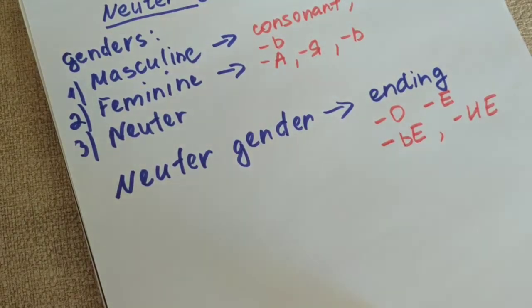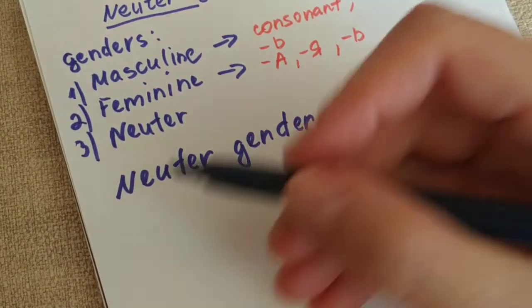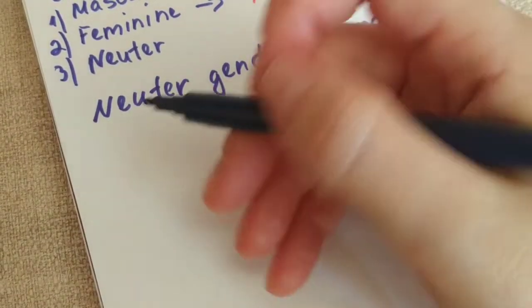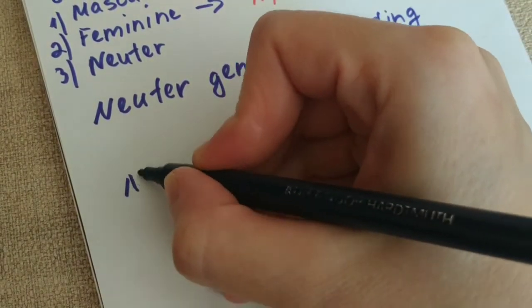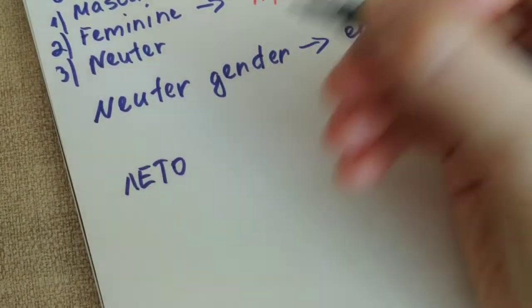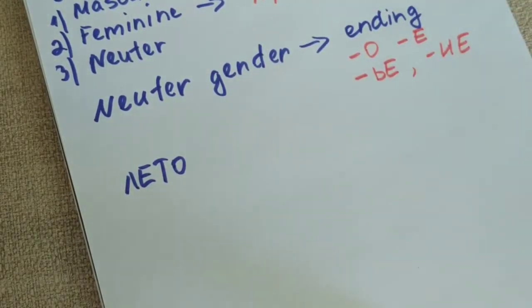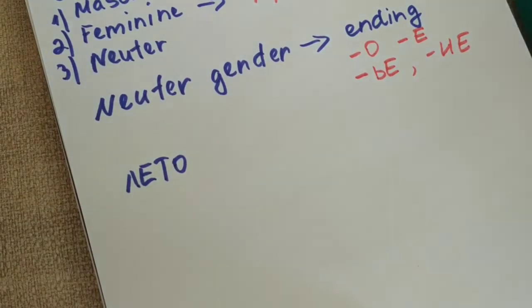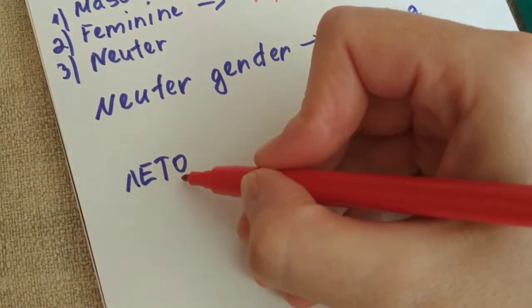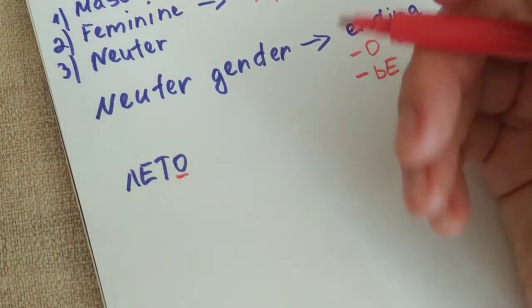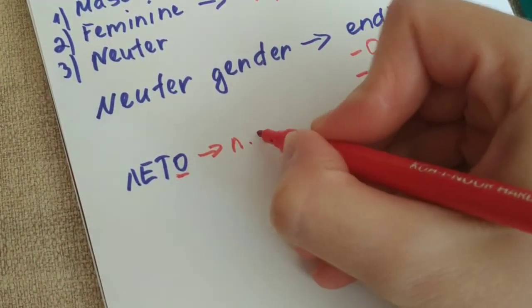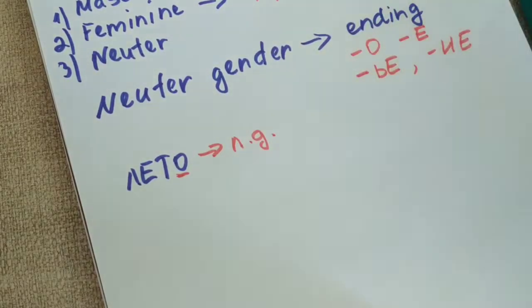Let us see some examples, of course. Sorry, I will move a little bit. So, for example, we have this word leto. You see that this noun is ending in O, so it is of the neuter gender. I will put this like abbreviation of this notion.